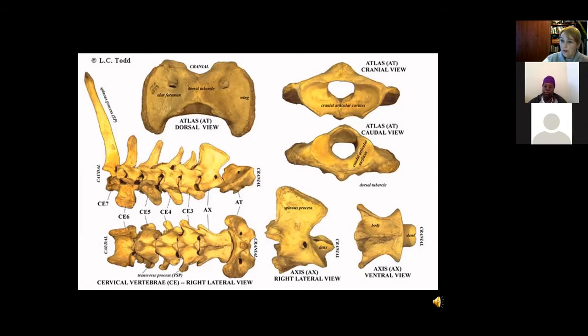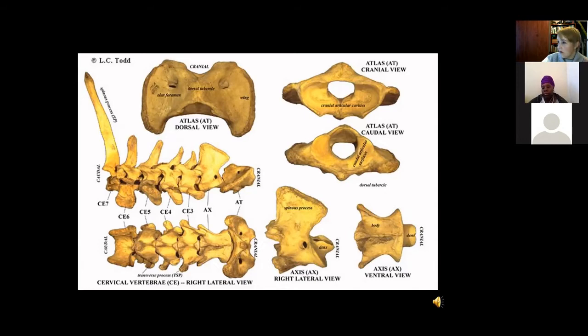The backside, the caudal view, caudal meaning towards the tail of the animal, has flat articulation surfaces. Now, if you look at the two bottom pictures of the axis, you will see that the axis has a flat articulation surface with a sticky-out bit, or a dens.